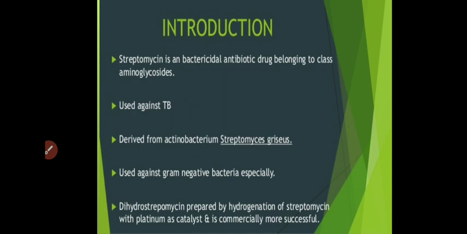So let's start with the introduction of streptomycin. Streptomycin is a bactericidal antibiotic drug belonging to the class aminoglycosides. It is generally used to kill bacteria, so it is known as a bactericidal antibiotic drug. Generally, it is used in the treatment of tuberculosis. It can also be used in the treatment of plague.